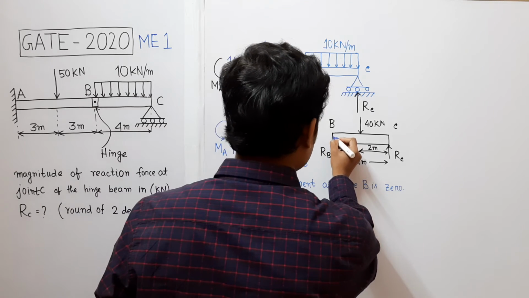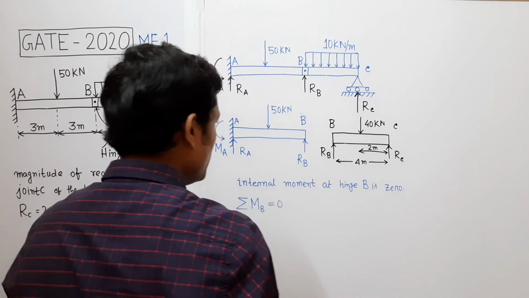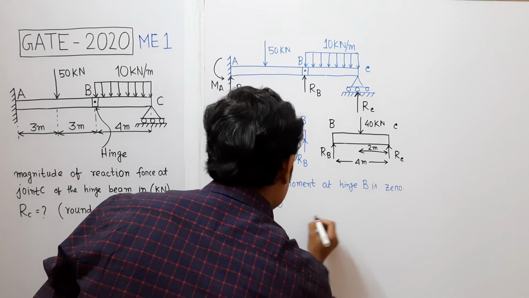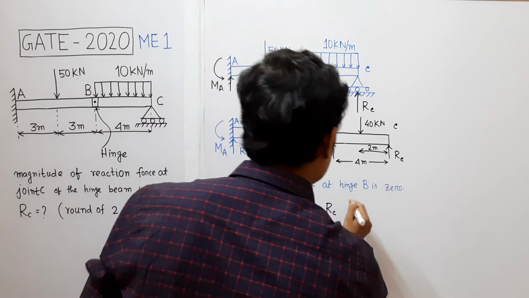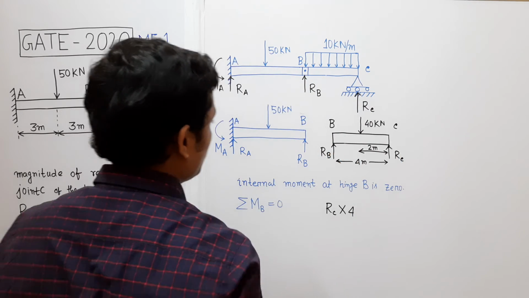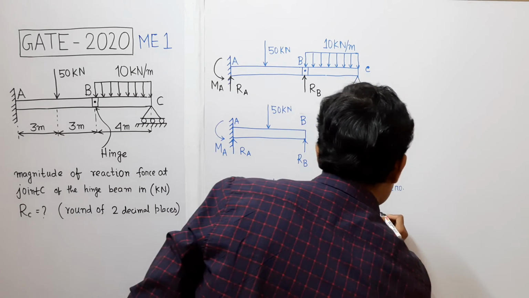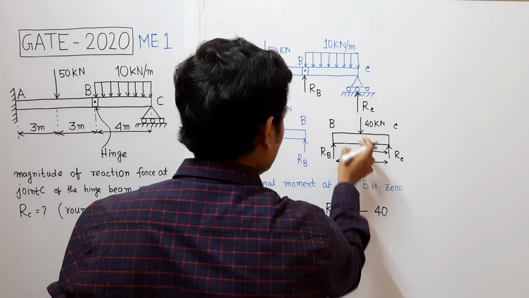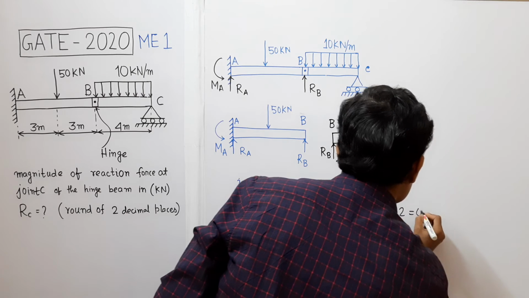So let us take moment about this point for this portion of beam, that is BC. What will be that? RC into 4, distance of RC from point B is 4, minus 40 kilonewton, and distance of B to this midpoint is 2 meter, so into 2, is 0.